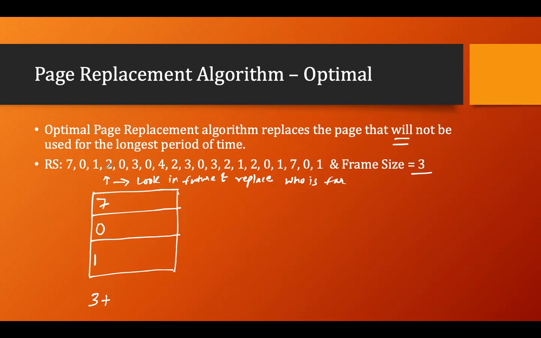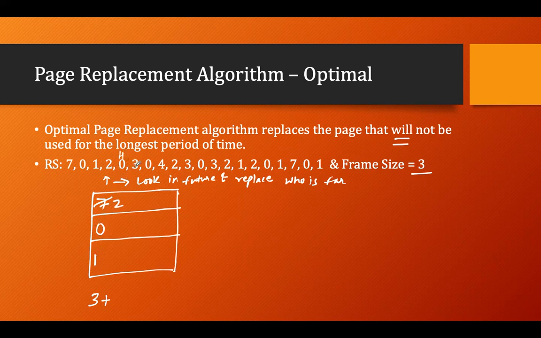So we have to accommodate 2, but which one has to be replaced, that we have to look at. You see 0, 1, 7 is there. So we got 0 and 1, we don't get 7 soon. So 7 has to be replaced by 2. Then 0 is a hit.